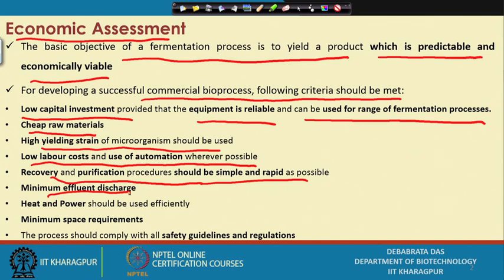I can take the example of the Biostil process. India has more than 250 distilleries, and most of them are operated in batch mode. In batch mode, if the alcohol concentration is 7 to 8%, we have found that 13 liters of effluent is produced per liter of alcohol.